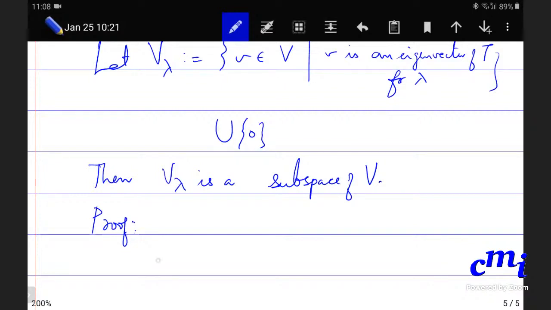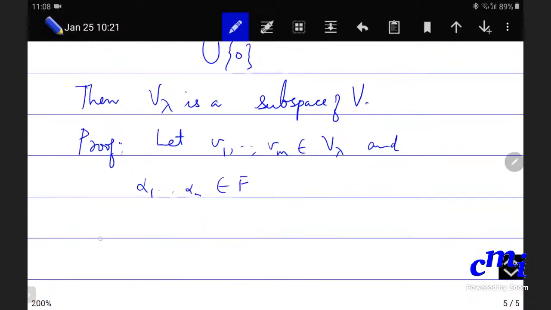So let V1 through Vm be inside V lambda, and alpha 1 through alpha m be inside F. Then T of the sum of alpha i Vi. T is linear, so you can take scalars outside and also sums outside.